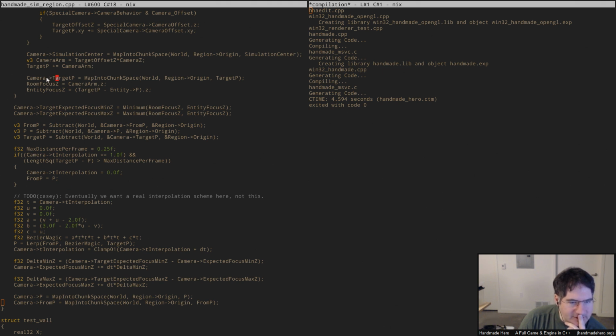And it's always mapped into the region and out of. So that all looks pretty good. Did I mess up anything else here?